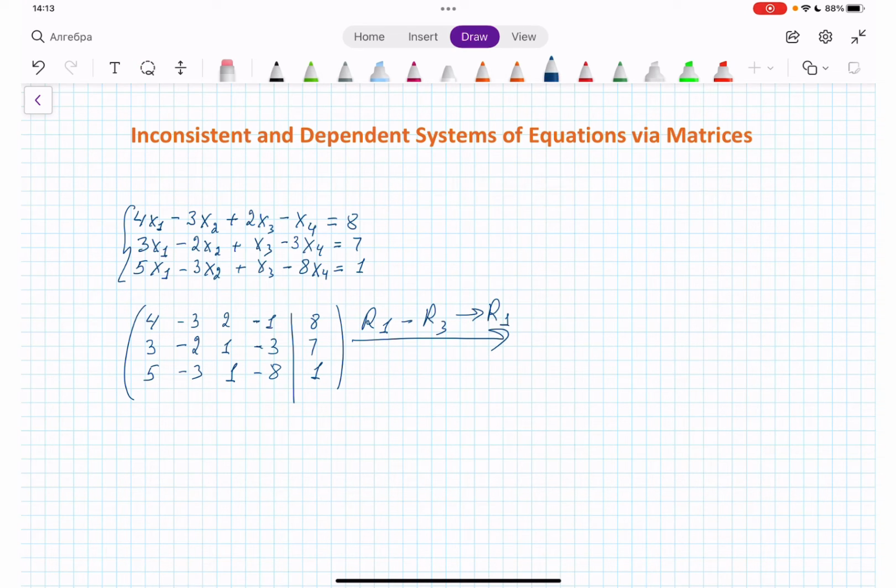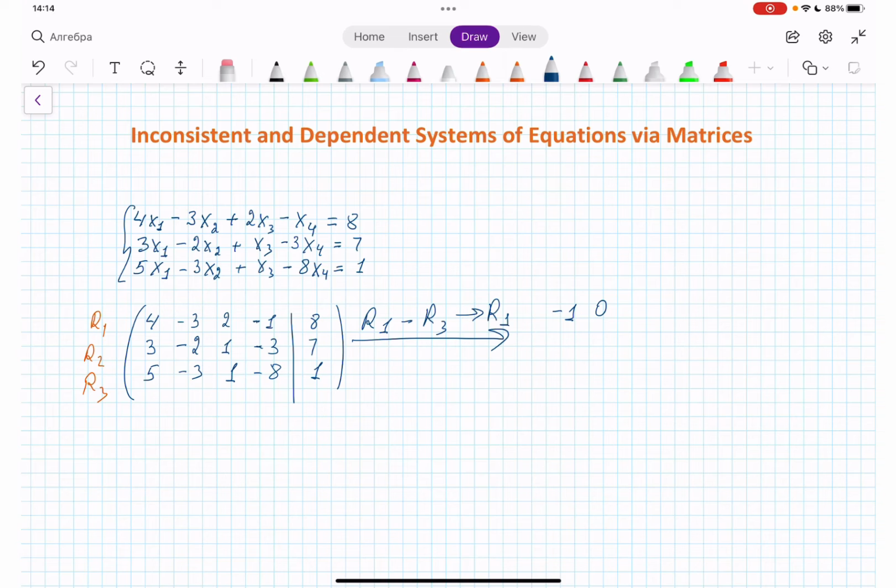If we subtract, 4 minus 5 is going to be negative 1. Negative 3 minus negative 3 is going to be 0.